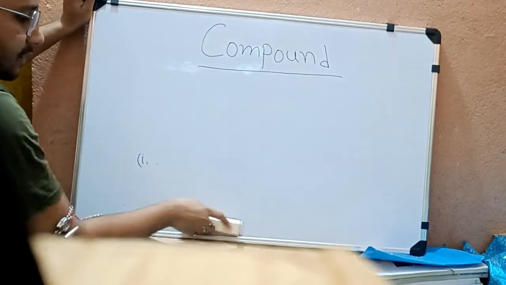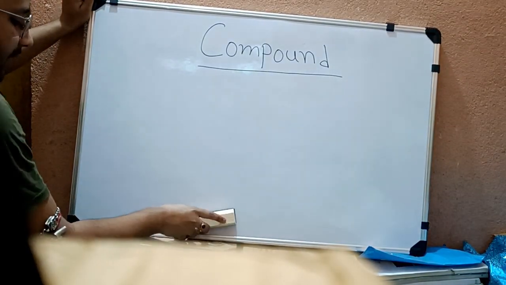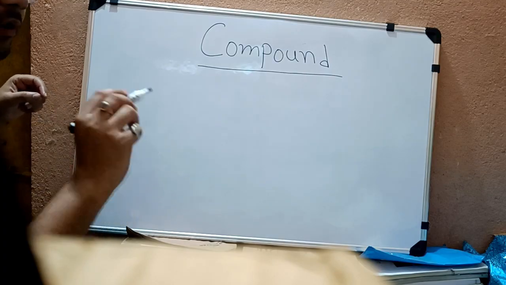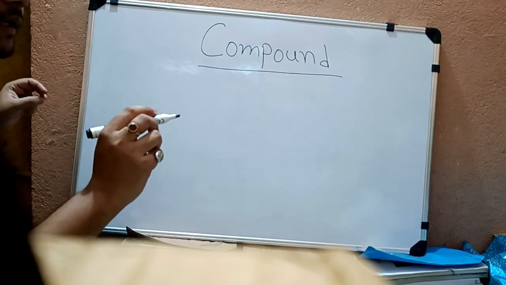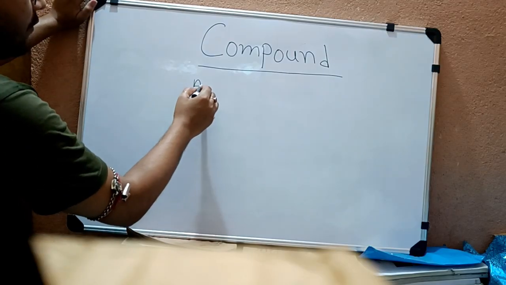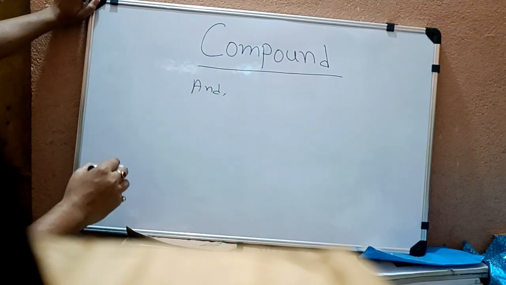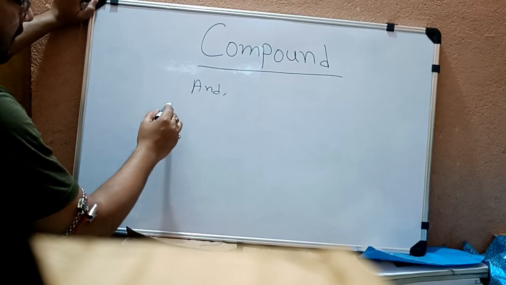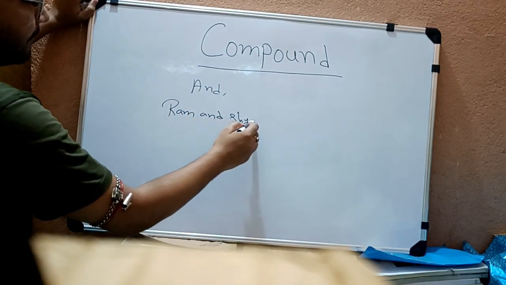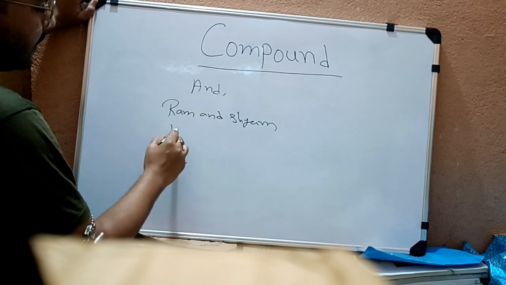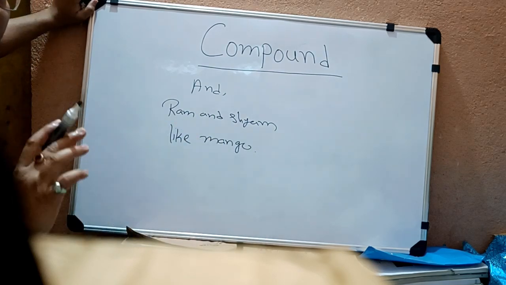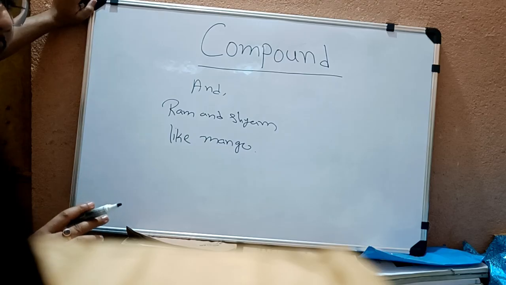Then one thing I will make clear, where we can be confused in future. I have already mentioned that in a compound sentence there will be a coordinating conjunction, for example and. Now if a sentence is, for example, Ram and Sam like mango, is it a compound sentence?